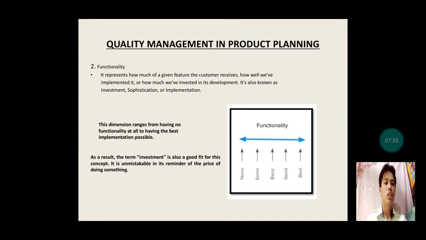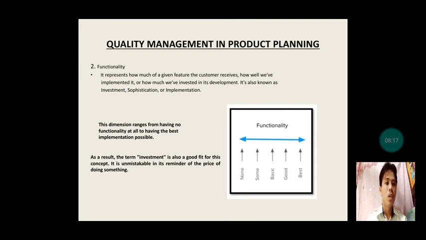The second is functionality. It represents how much of a given feature the customer receives, how well we've implemented it, or how much we've invested in its development. It is also known as investment, sophistication, or implementation.